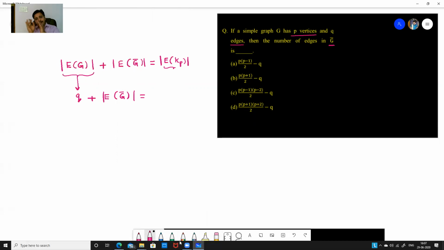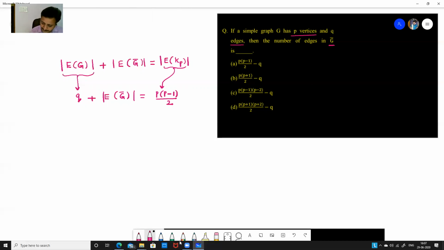If G is having n vertices, the number of edges in G plus number of edges in G bar equals the number of edges in Kn. But if G is having p vertices, the number of edges in G plus number of edges in G bar is equal to number of edges in Kp. Kp means complete graph with p vertices. Now tell me, complete graph with p vertices, how many edges are possible? Obviously, p into p minus 1 by 2 edges are possible.